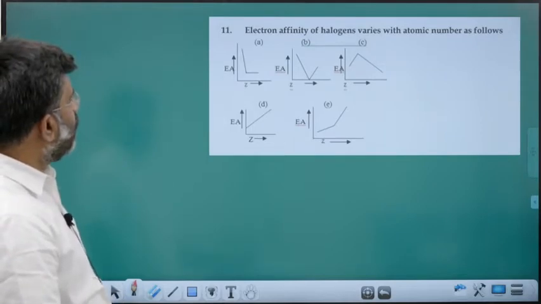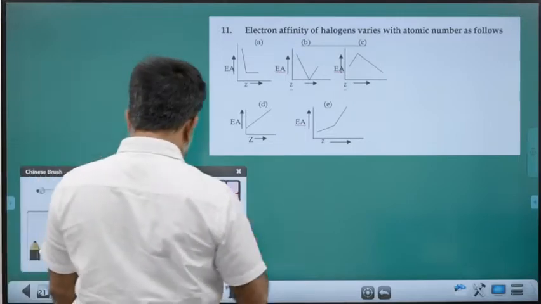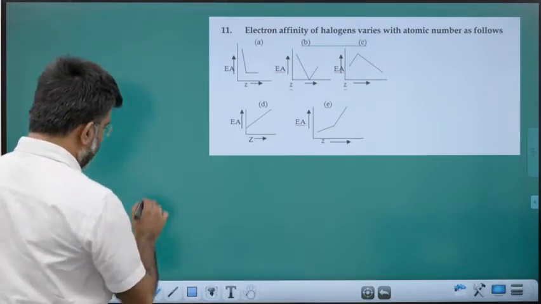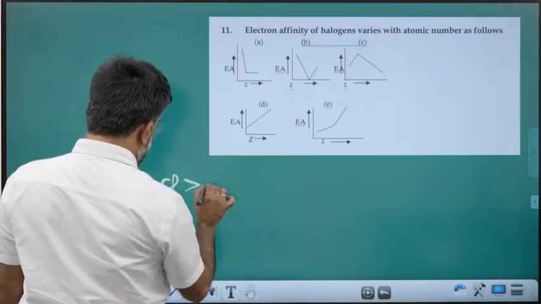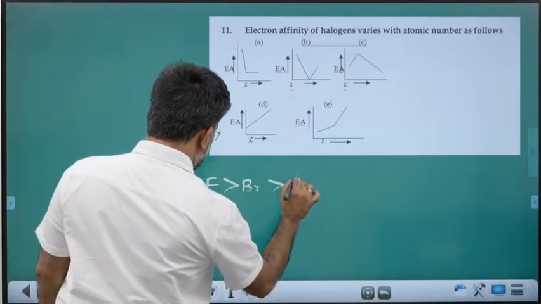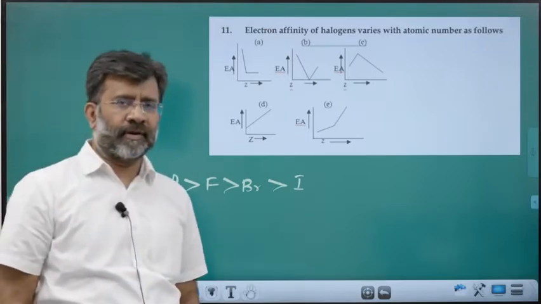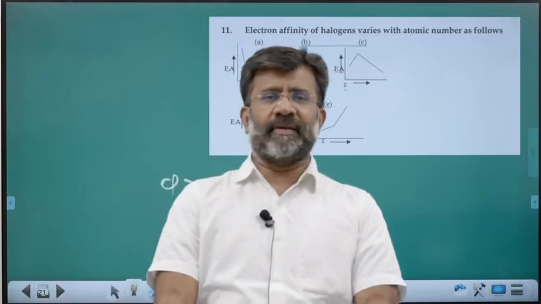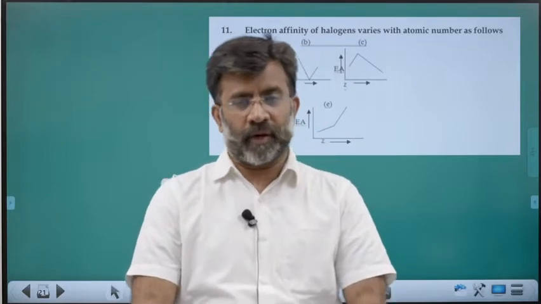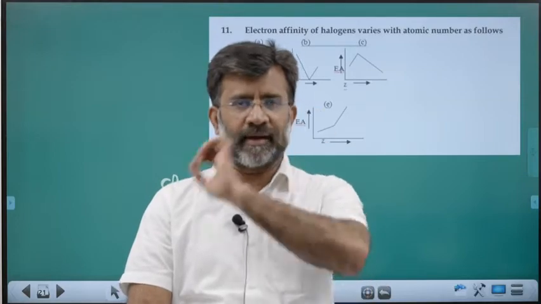Electron affinity of halogens depends on the negative electron gain enthalpy. This is the order of negative electron gain enthalpy, as you have studied, and the same is the order of electron affinity. Chlorine has the highest negative electron gain enthalpy, and fluorine comes only second, because of small size and interelectronic repulsion.